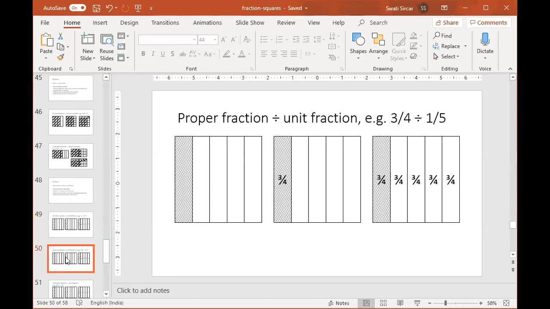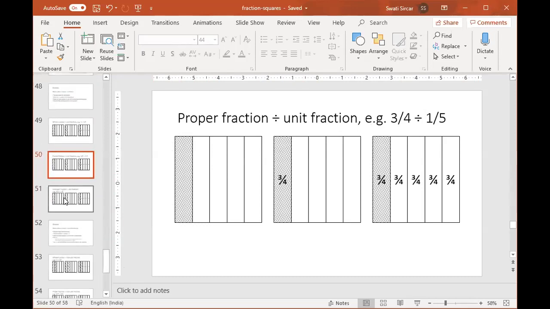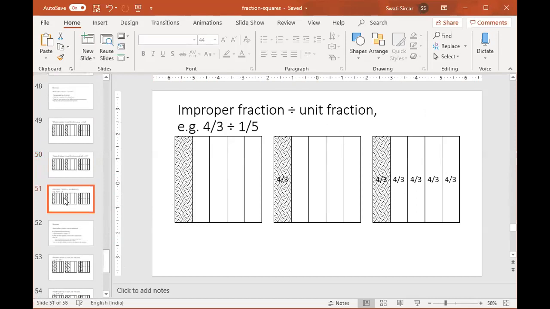The divisor really doesn't make a difference. Whatever it is, in this case it was a whole number and it got multiplied by 5. In this, it's a proper fraction which got multiplied by 5. And if it was an improper fraction, same, it got multiplied by 5.